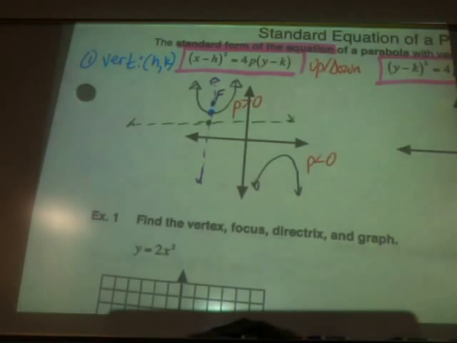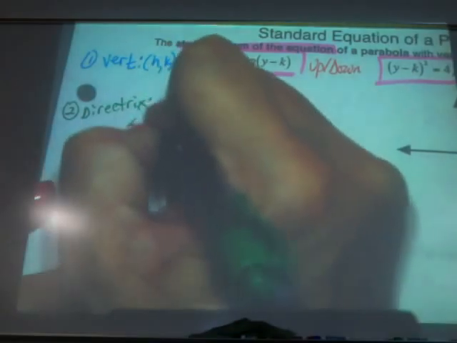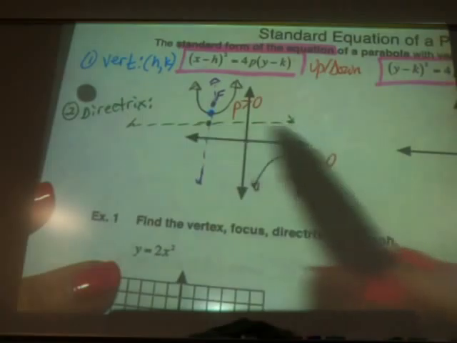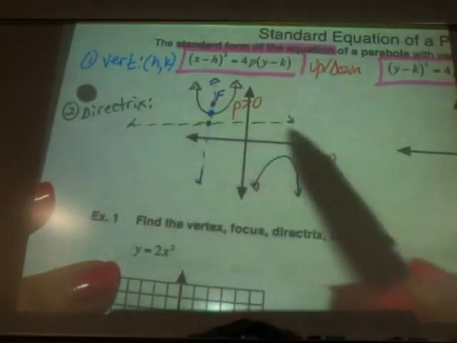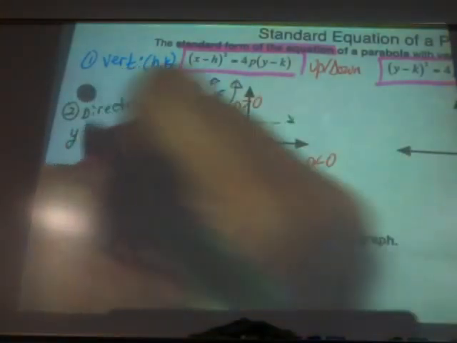So how would you find your directrix? As we go through some of these, I will explain graphically how it might be easier to find it. So your directrix can be found. If you look on here, isn't your directrix going through what axis? The y-axis. So the equation for your directrix is y equals.